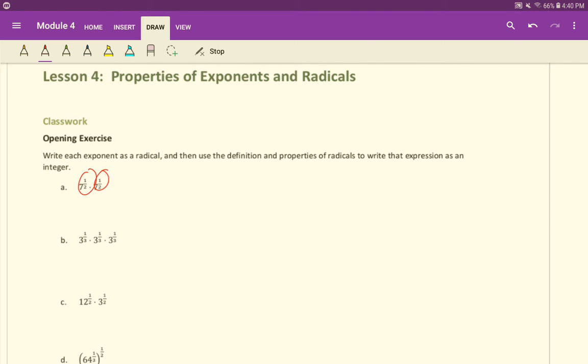So 1/2 is for both of these, so that means it's going to be the square root of 7 times the square root of 7. Using our properties of radicals, since we have the same square root here, we can then just write this as square root of 7 times 7, or in other words, the square root of 7 squared. When you simplify that, we get just 7.